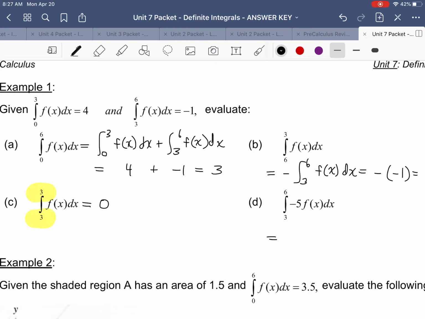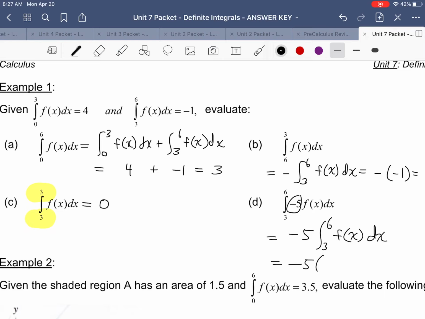Anyway, in D, I see I have a constant multiple, so I'm going to pull out the -5 times the integral on the interval of 3 to 6 of f of x dx. Now this is some side work that I'm showing for note-taking purposes. Do you have to show the notes?